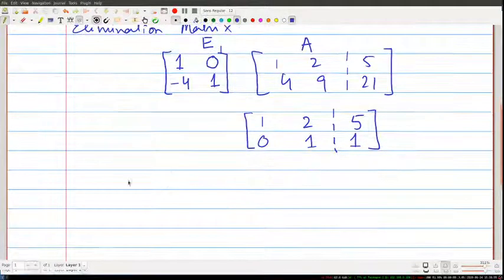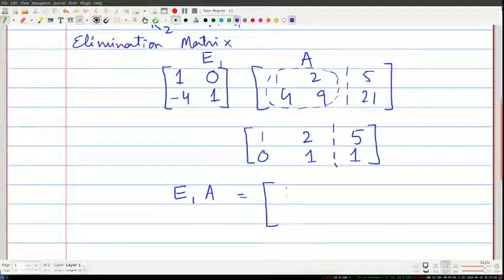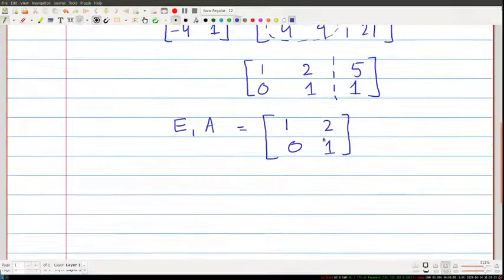Let's talk about the product E1 times A. When I just look at this side of the matrix, E1 times A has given me the matrix 1, 2, 0, 1. It has given me a matrix that has 1s on the diagonal. If I count this as the diagonal, I call this the main diagonal.